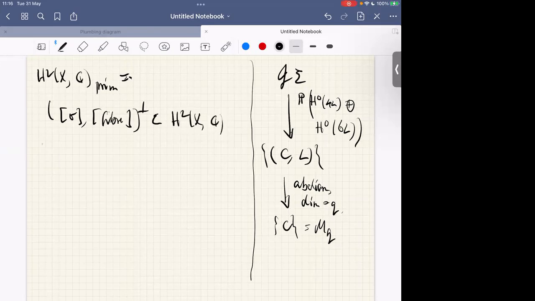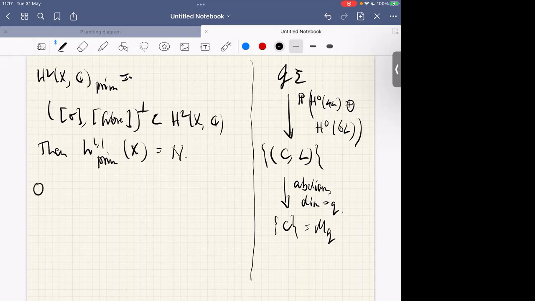This has a Hodge decomposition or Hodge filtration, which is better for our purposes. The dimension of this primitive cohomology is equal to the same number n as before, just by calculation. This appears as something of a coincidence, but it's a coincidence which we can exploit rather than explain. So let me just draw in the Hodge filtration.